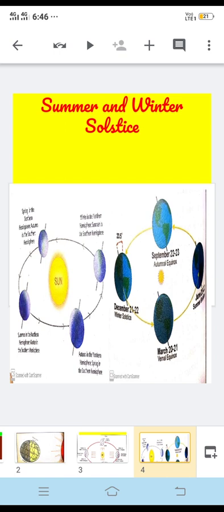In the same way, the area from the equator to the Tropic of Capricorn, that is in the southern hemisphere, and the Tropic of Cancer in the northern hemisphere, that middle area of the globe of the earth is receiving maximum sun rays. So here the brightness is more, here the heat is more.